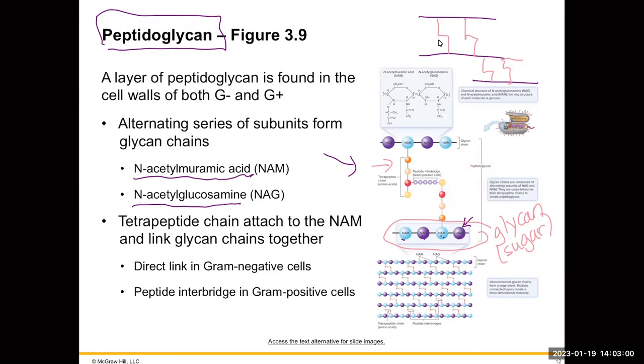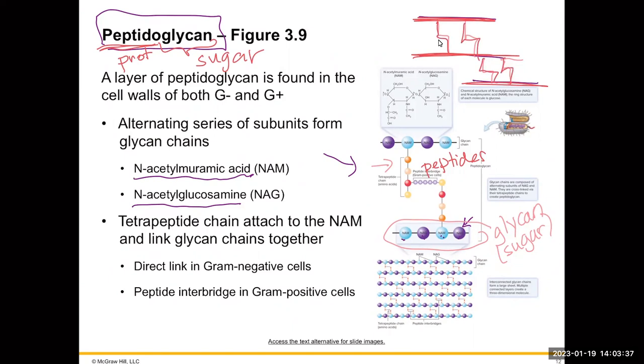Let's fix that. If you look at the word, peptido is the protein part, and glycan is the sugar part. So it's these sugars in parallel lines, and those parallel lines are connected together with proteins.